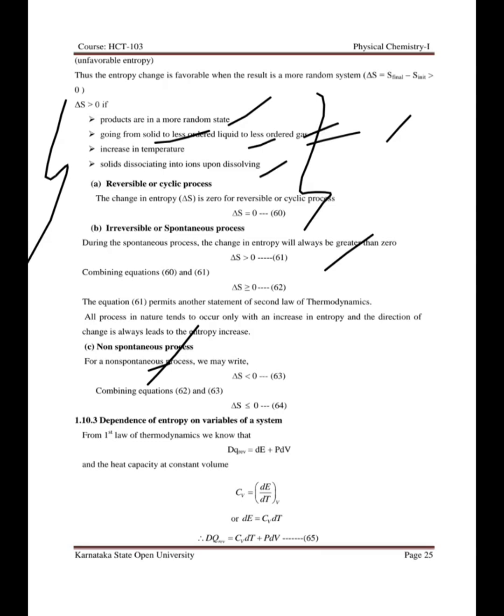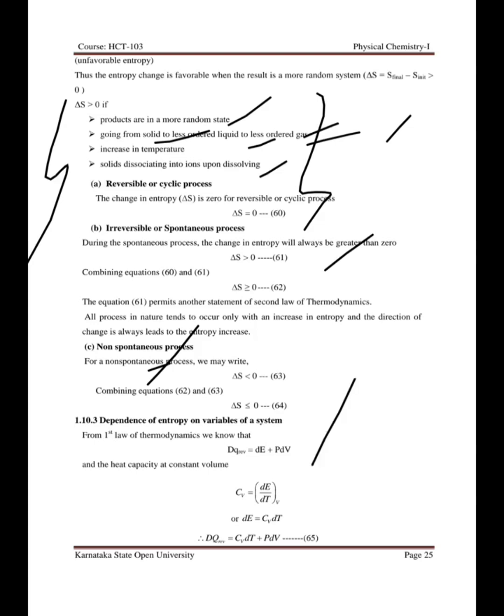So here, by varying the entropy, how the system varies has been studied. That is entropy on variables of the system. From the first law of thermodynamics, we know dq reversible is equal to dE plus P dV.